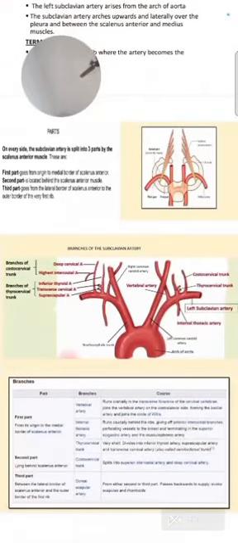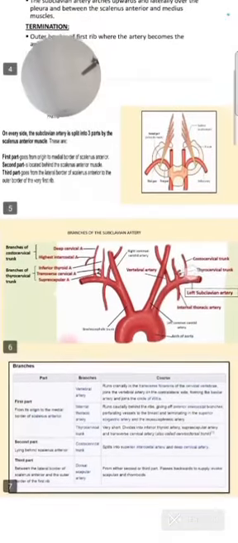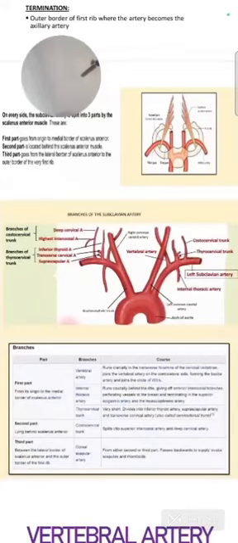So the branches of the subclavian artery. The arch of aorta gives rise to three main branches. One is brachiocephalic trunk, then left common carotid artery, and the third one is left subclavian artery.